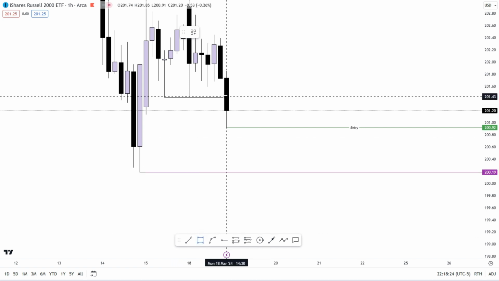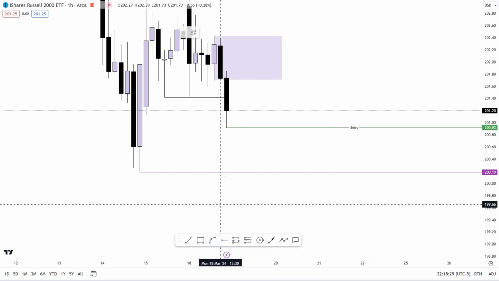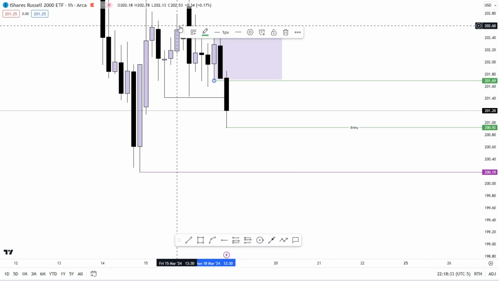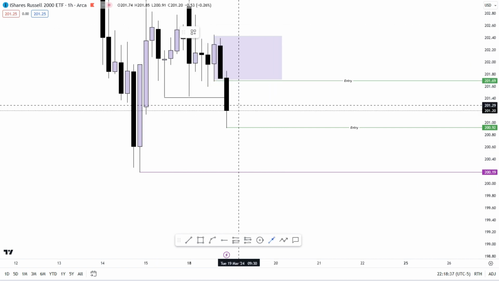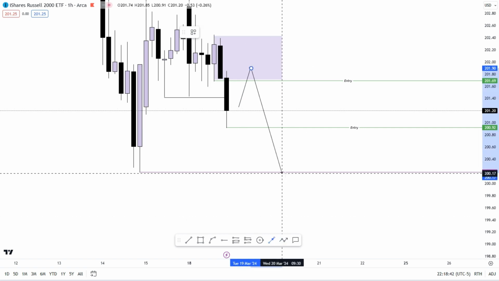Or another entry would be you would wait for price to trade up here, and then once price opens in the morning and trades up here, you could look for puts to the downside.